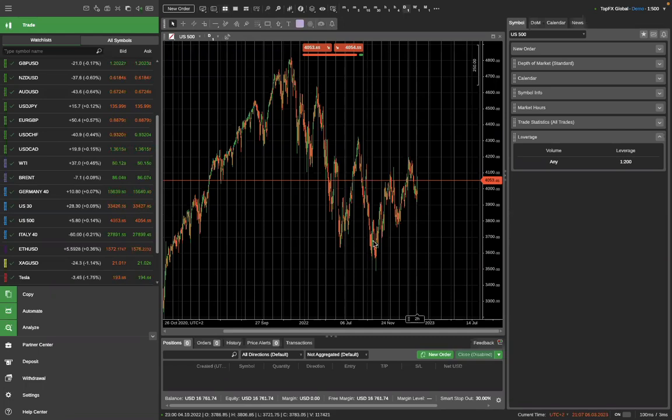Okay, so the correlation between these two, the euro dollar and the S&P 500, is called risk on, risk off. When there is risk on, that is when the stock market is rising, moving up, it means that the euro dollar will be moving up as well, right? Why?